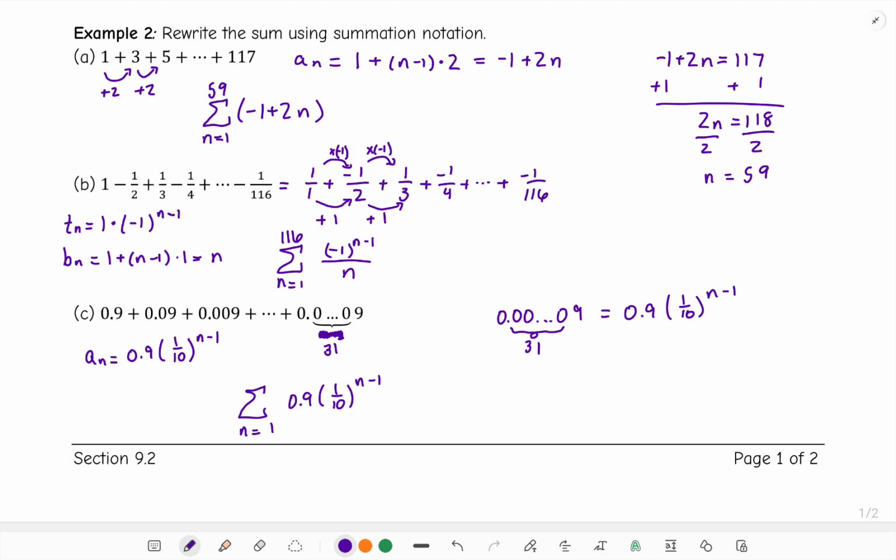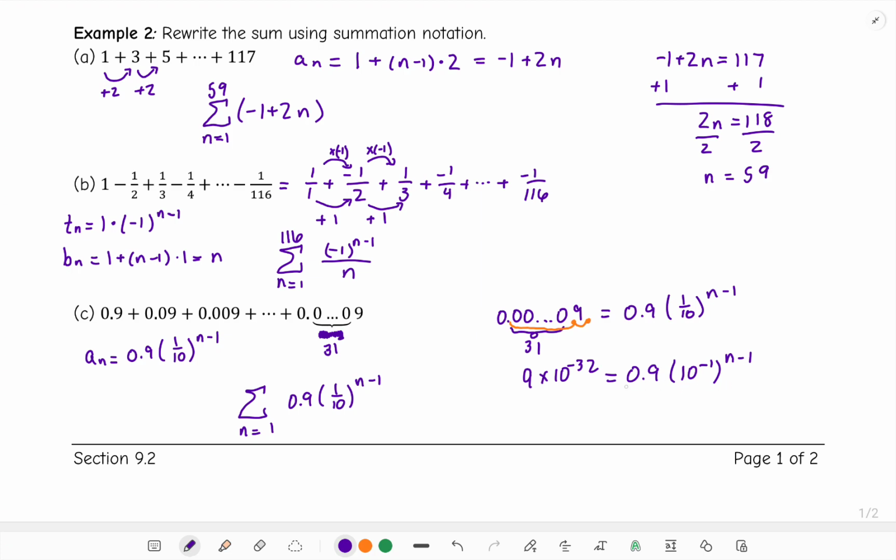Well, this is the same thing as 1 times 10 to the negative 32, because you would have to move the decimal place 31 to get it here, one more to get it there. So that's why it's to the negative 32. And this is equal to 0.9. Well, 1 over 10 is the same thing as 10 to the negative 1.